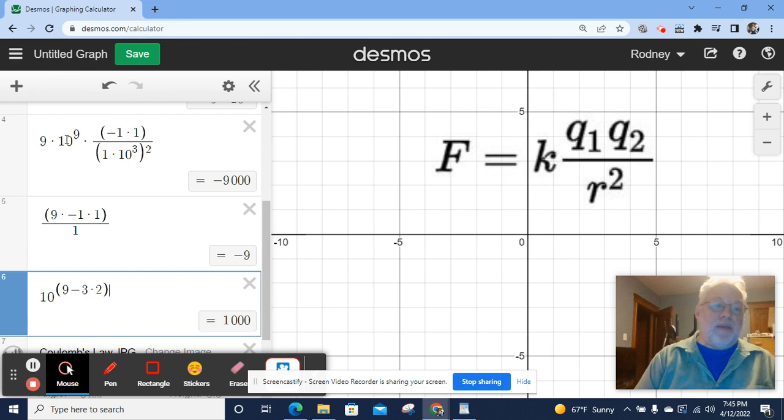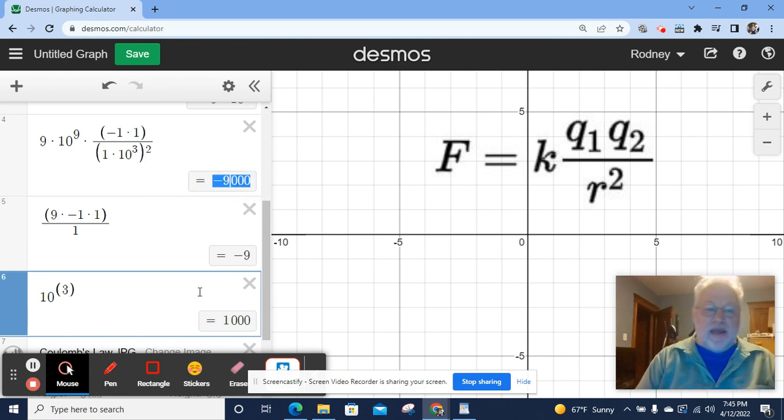When I divide a power by a power, if they're the same bases, I subtract. So I end up with 9 minus 3 times 2, which becomes 9 minus 6, which becomes 10 to the third power. And so 10 to the third power is 1,000. And that's where we get -9 times 1,000, which becomes -9,000.